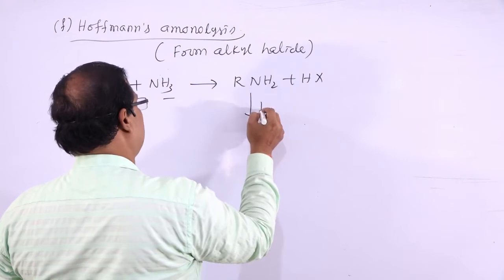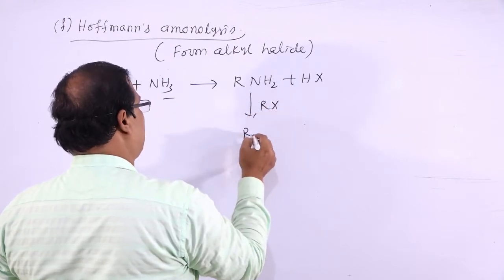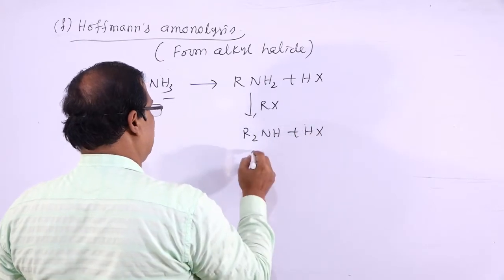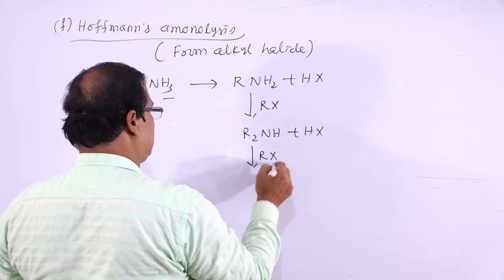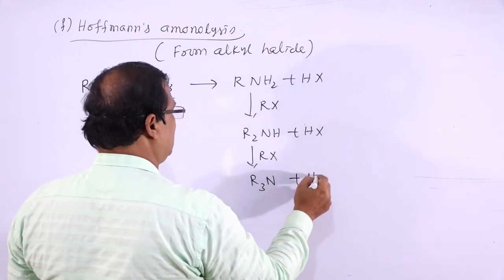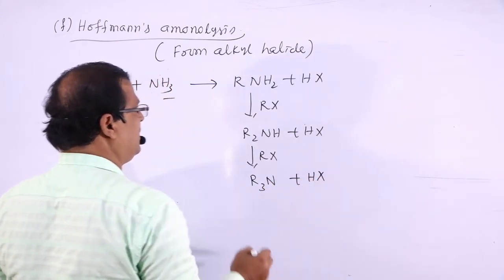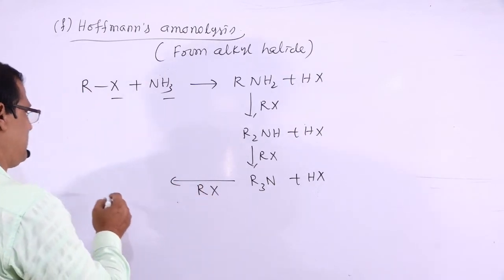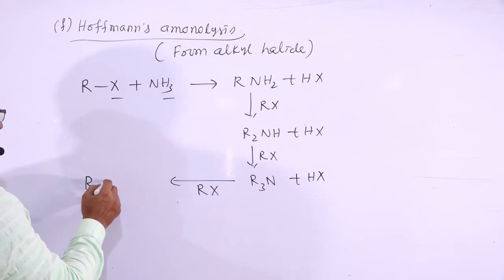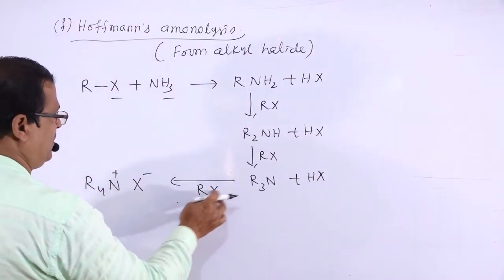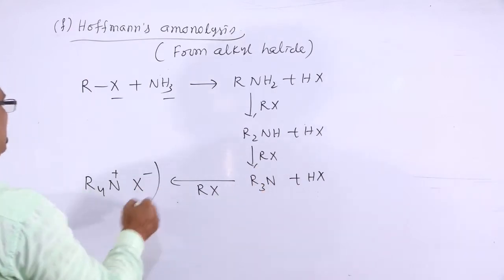Again this is treated with RX, forming R2NH plus HX. Again treated with RX, it forms R3N plus HX. R3N treated again with RX forms R4N+ X-.